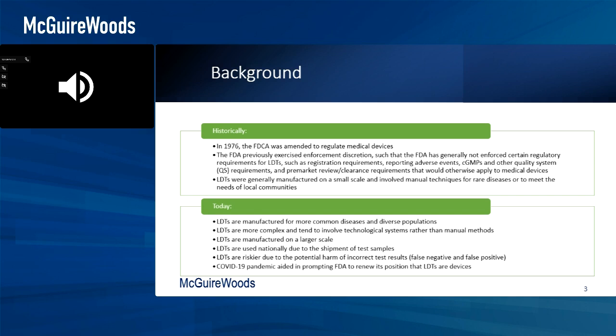A judgment call was basically made at FDA saying, look, for laboratory developed tests, at the time they were being manufactured on a small scale, using manual read techniques, for rare diseases, really focused on meeting specific needs within a lab. And FDA was like, look, given the controls, given everything around it, we're not going to say what it is. I think FDA's position has always been that they're medical devices, but we're going to take a more hands-off approach.